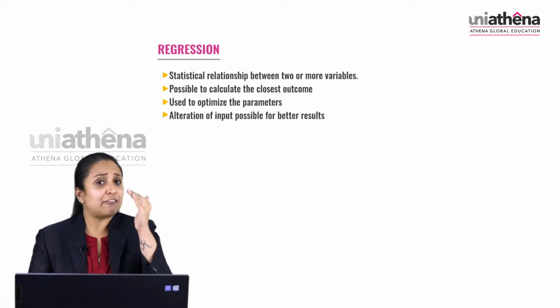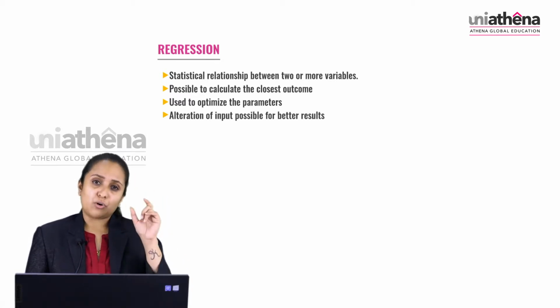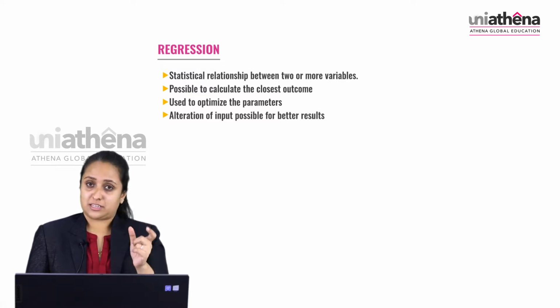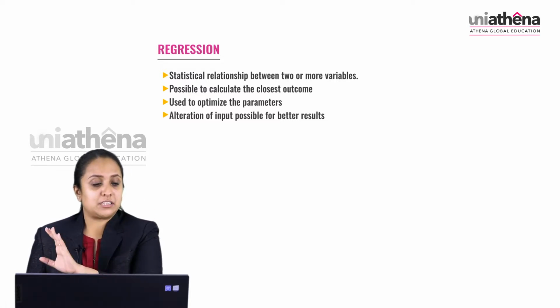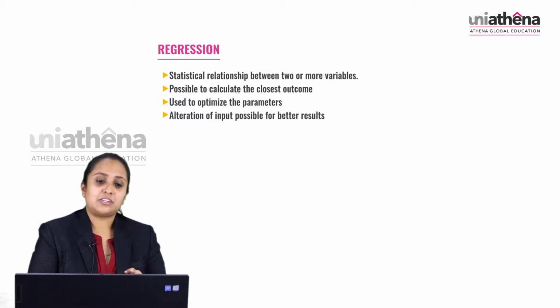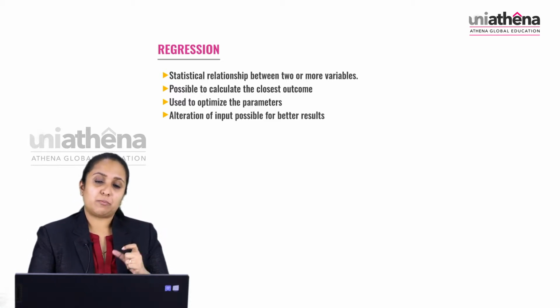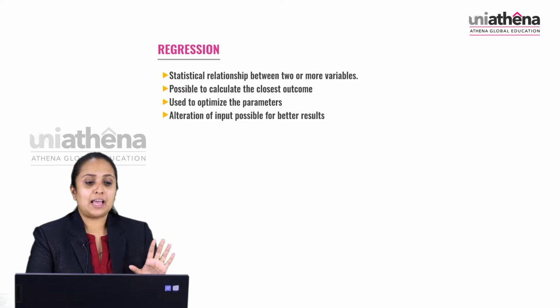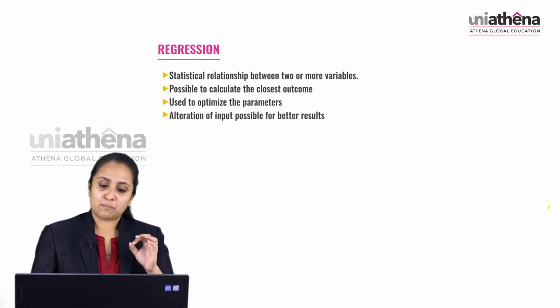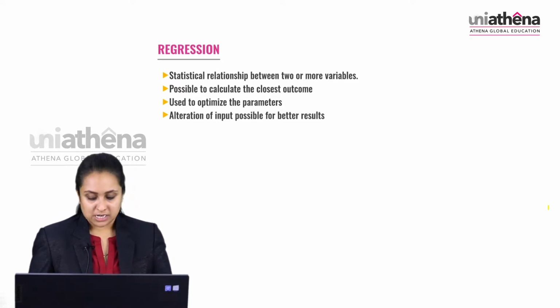That is basically refining it, and you alter the input variables in such a way that you get better results. So, with a statistical relationship between two or more variables, it is possible to calculate the closest outcome. It is used to optimize the parameters, and alteration of input is possible for better results.